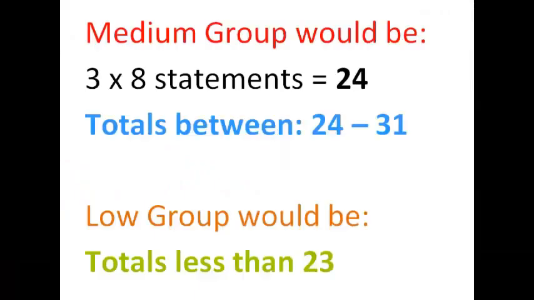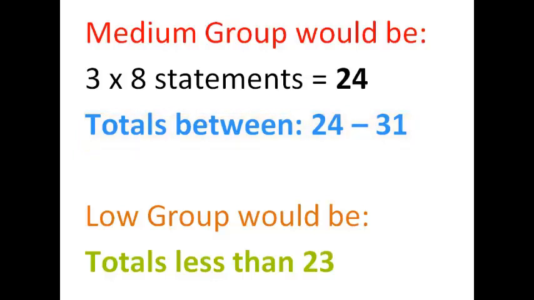Now, if you were going to figure out what the medium group would be for 8 statements, then remember, the medium group, those people are usually scoring 3s for each statement. So we took 3 times 8, and that gives us 24, and then that would give us a range between 24 and 31. Remember, 31 is the end result because it's 1 less than the high group, which was 32 or greater.